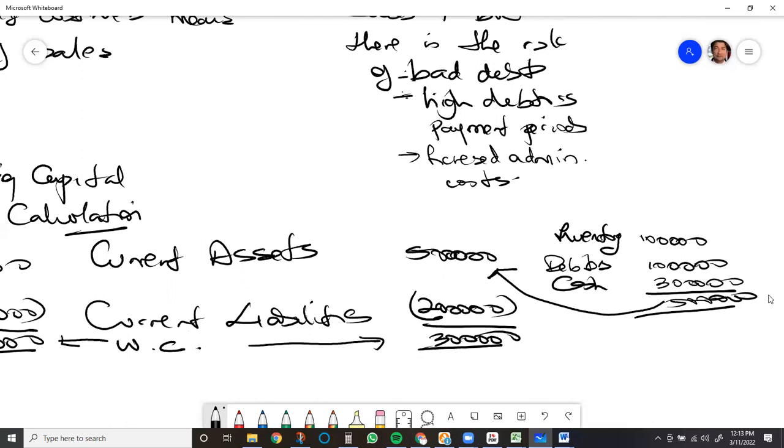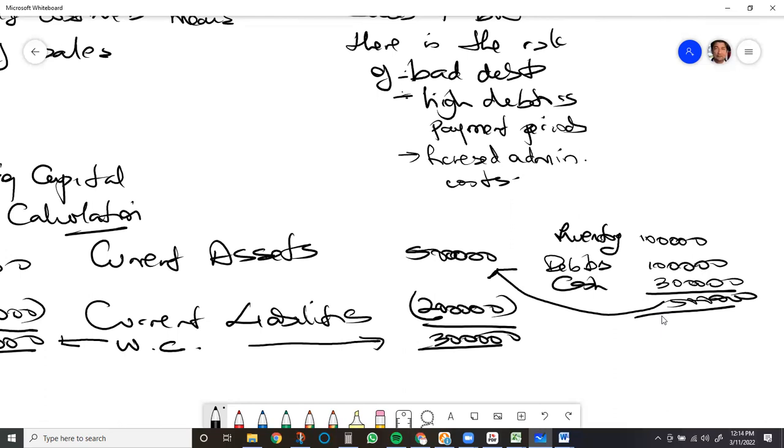Now you can say, well, I have $300,000 in cash there. I can easily pay my liabilities, which are just 200,000. Which means then that you are certainly in a more stable position over here, liquidity-wise, than on the other side.